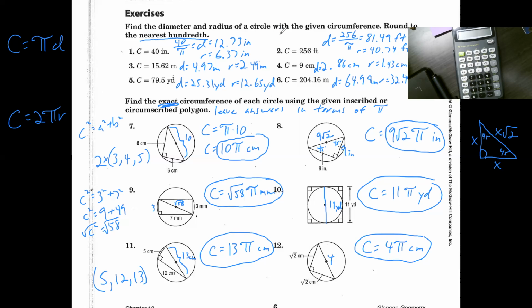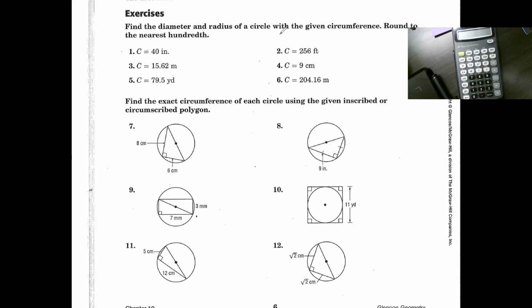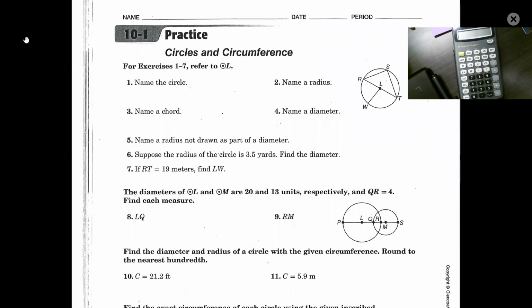So let me clear this off. All right. So most of these are similar to what we did yesterday. There are a few on here that I want to do with you before I turn you loose on the assignment. So on the top part, again, we're just naming the different pieces.